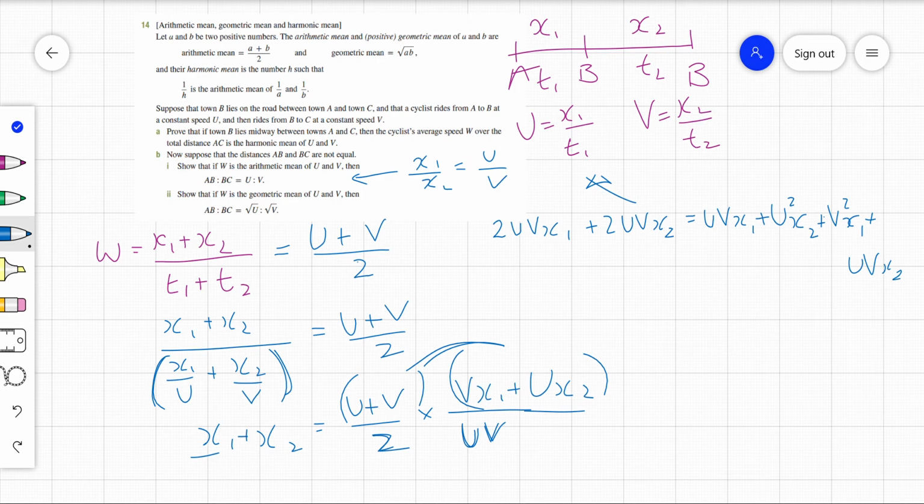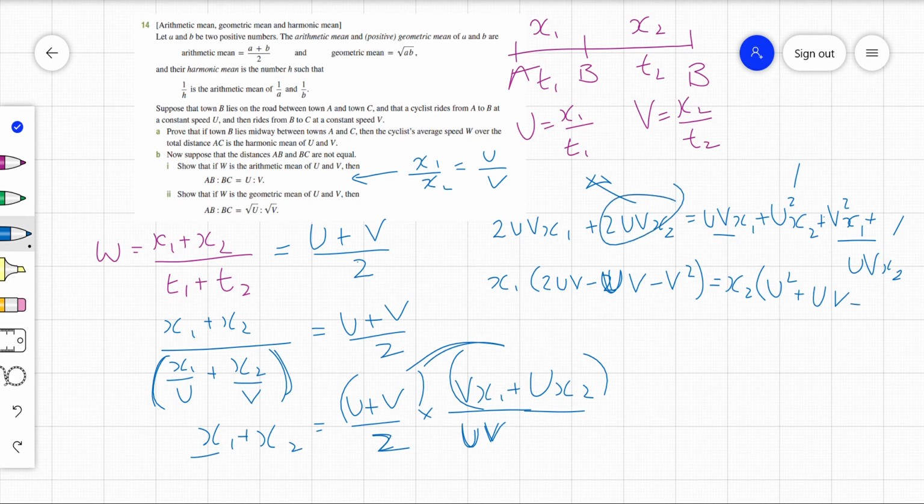So if I put all the x1s on, let's say this side, so I've got that 2uv on this side, and then I'm going to bring over this one, so minus uv, and this one as well, so minus v squared. And then if I put all the x2s on this side, I've got the u squared, the uv, and then bringing this one over here, minus 2uv.